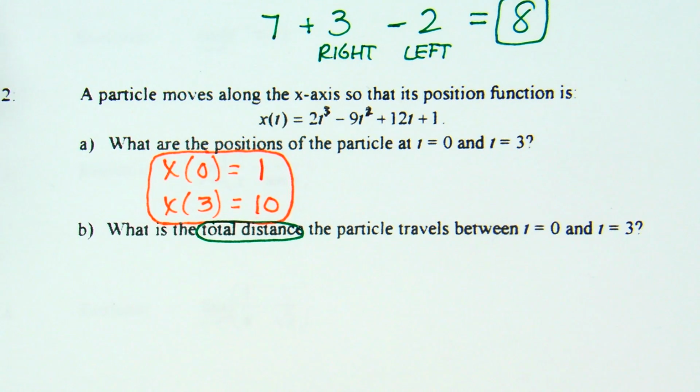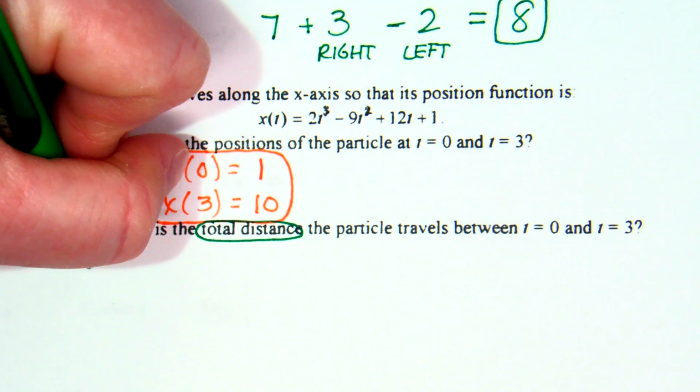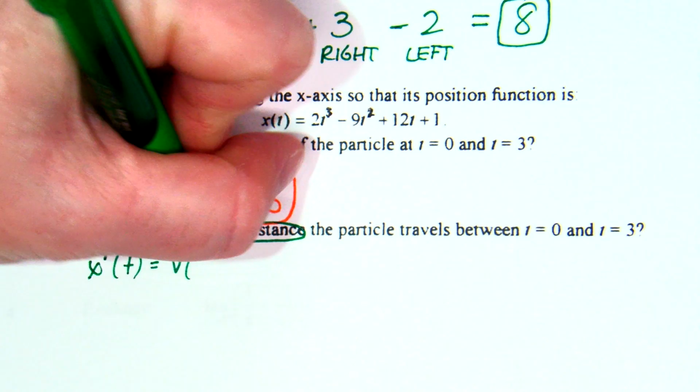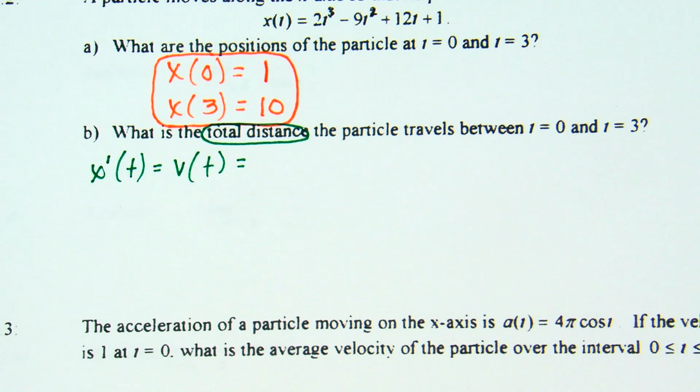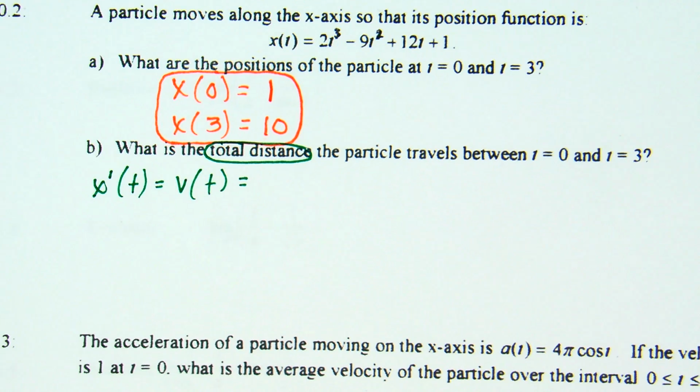On this problem, we've got to get to the velocity function. Sorry, I fell for it and went right along with you down the wrong path. Because we're looking at total distance, we need to talk velocity. In order to do velocity, we need the derivative of position. Are we all there together? Sorry, my bad. So, what is velocity?